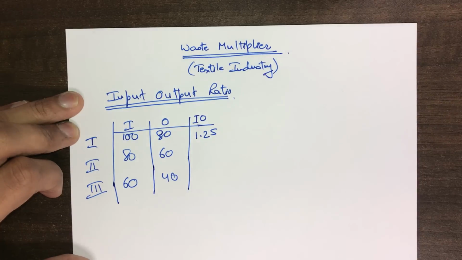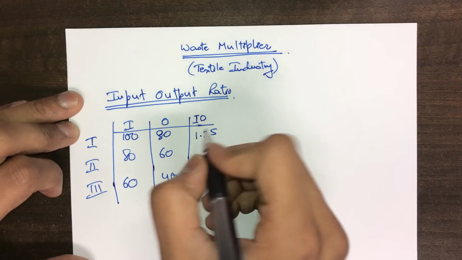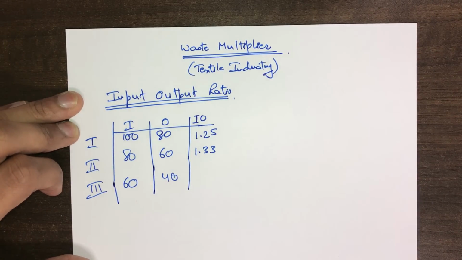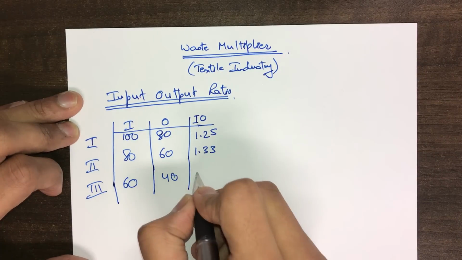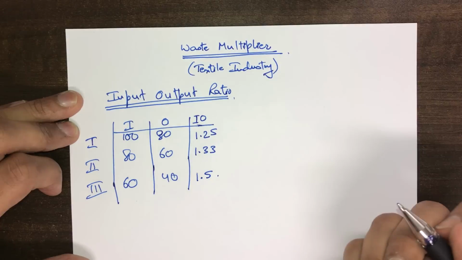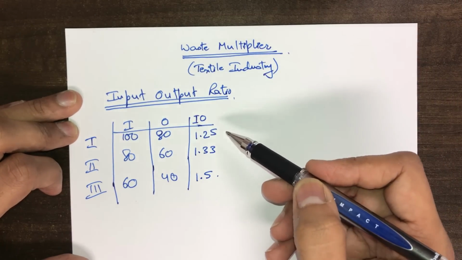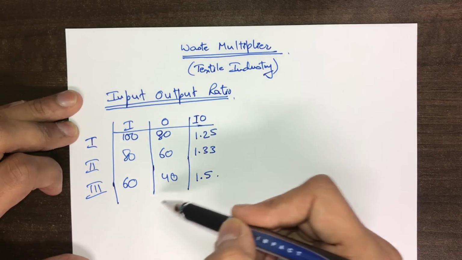For the second ratio, it will be 80 divided by 60, which is 1.33. For the third process, it will be 60 divided by 40, 1.5.